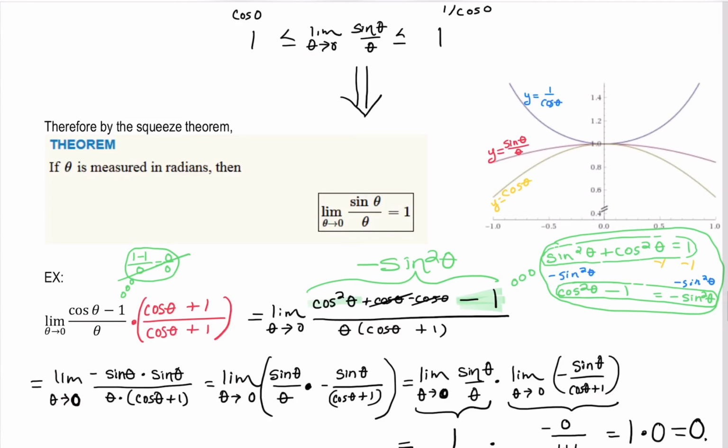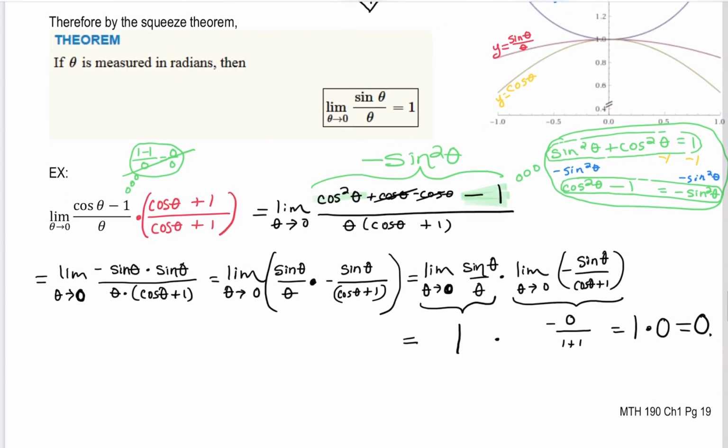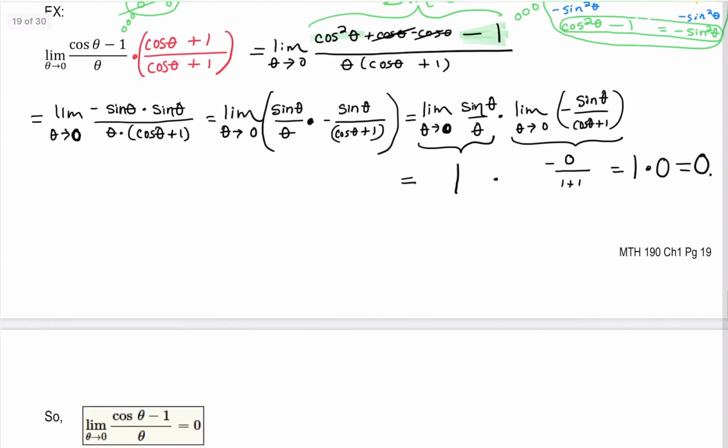So here's where we're going to end this video with our second really important trig limit, which after this point you can just apply. We had the original limit as theta goes to 0 of sine theta over theta, which we proved with good old squeeze theorem, and this was equal to 1.